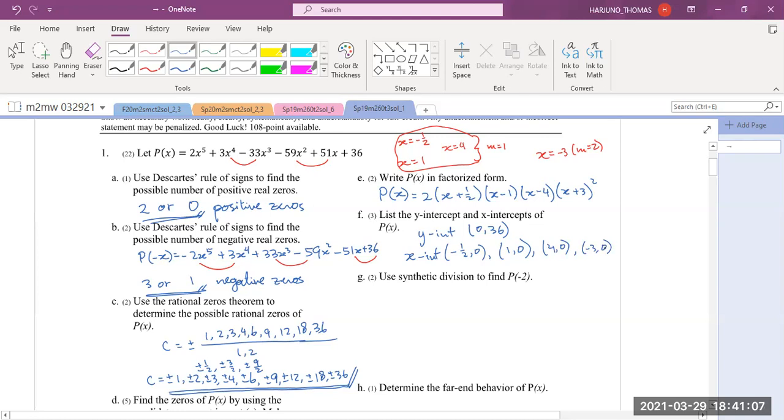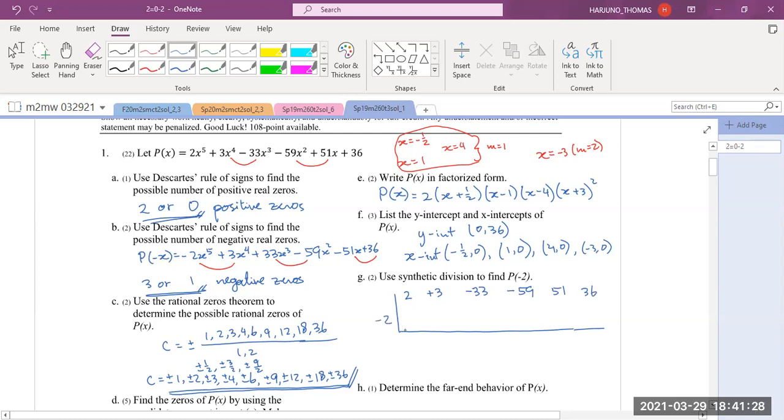Use synthetic division for P(negative 2). Oh, we have done that many times. 2, negative 3, positive 3, negative 33, negative 59, positive 51, positive 36.